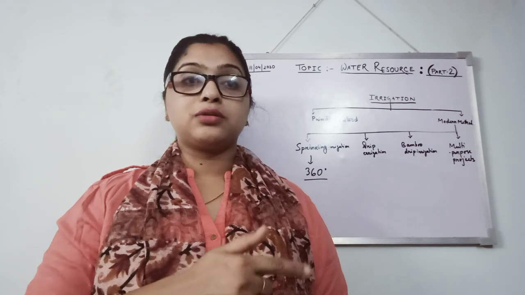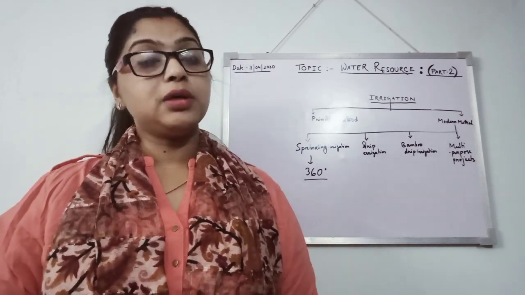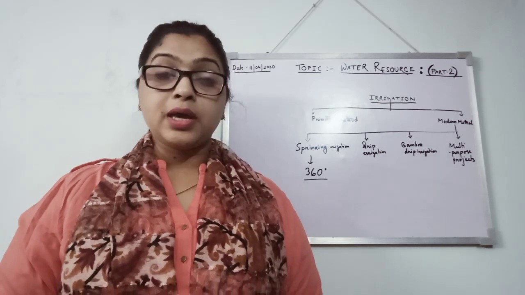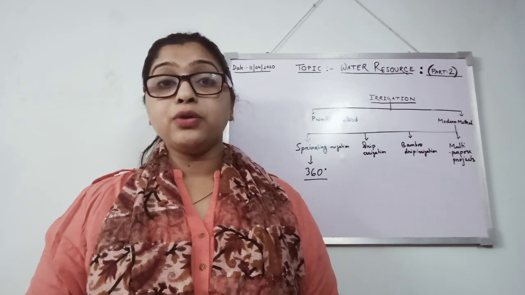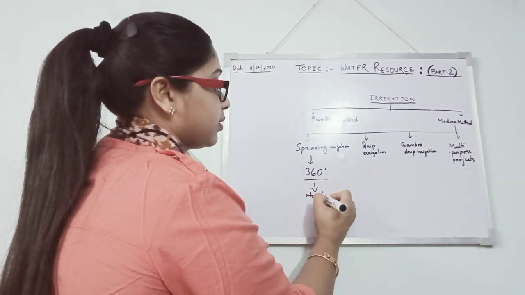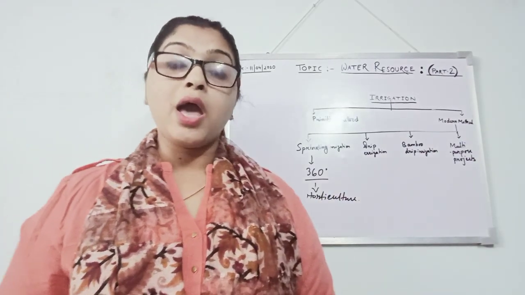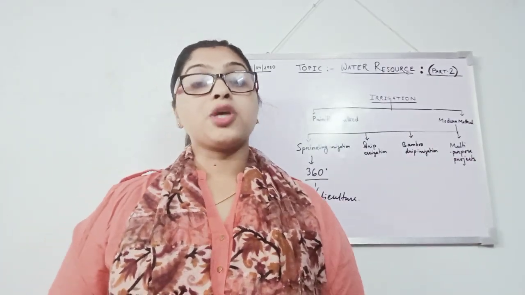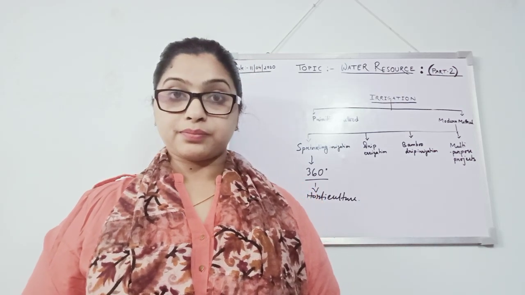This way, 360 degree wise, it sprays the water all over the ground or all over the area. It is very efficient. We can say it is very useful for horticulture, where fruits and vegetables grow and which do not need that much water. Very less water is necessary for that.